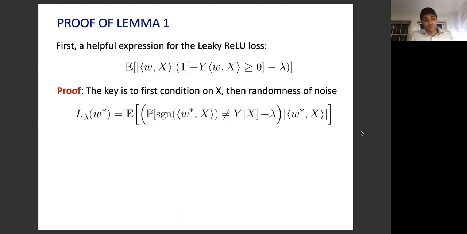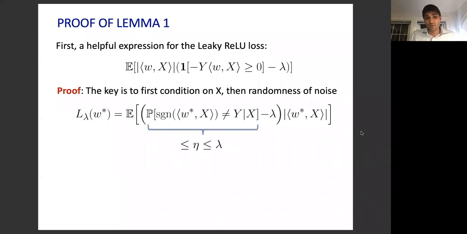The key to the proof is just conditioning. We take a sample from our model, and then we condition on X. Then we look at the remaining randomness, the chance that we flip the label Y, which, remember, is this parameter eta of X. So if we write out the Leaky ReLU loss, the indicator function just becomes the probability that we flip the label.